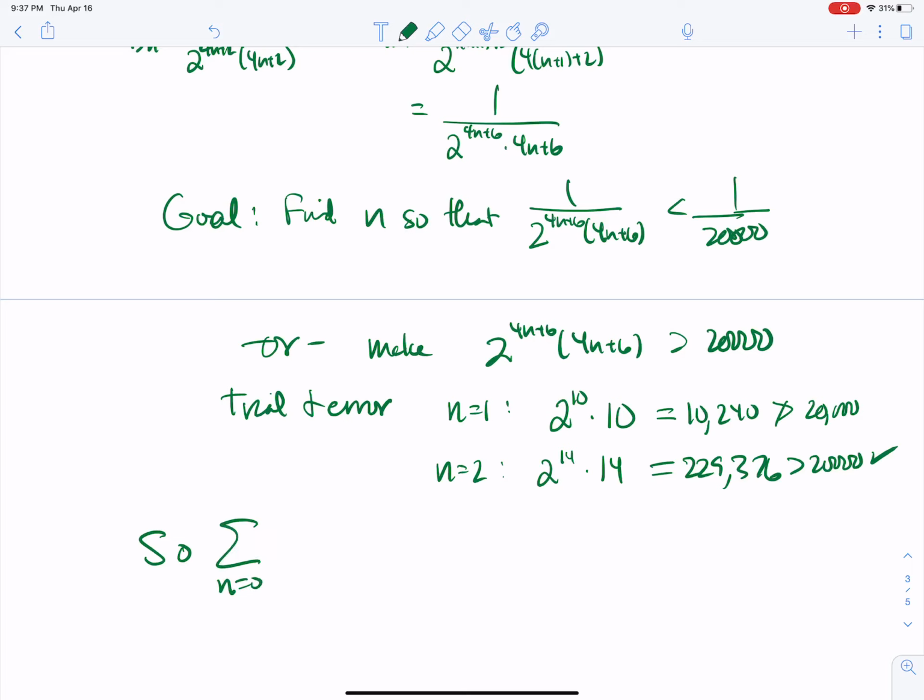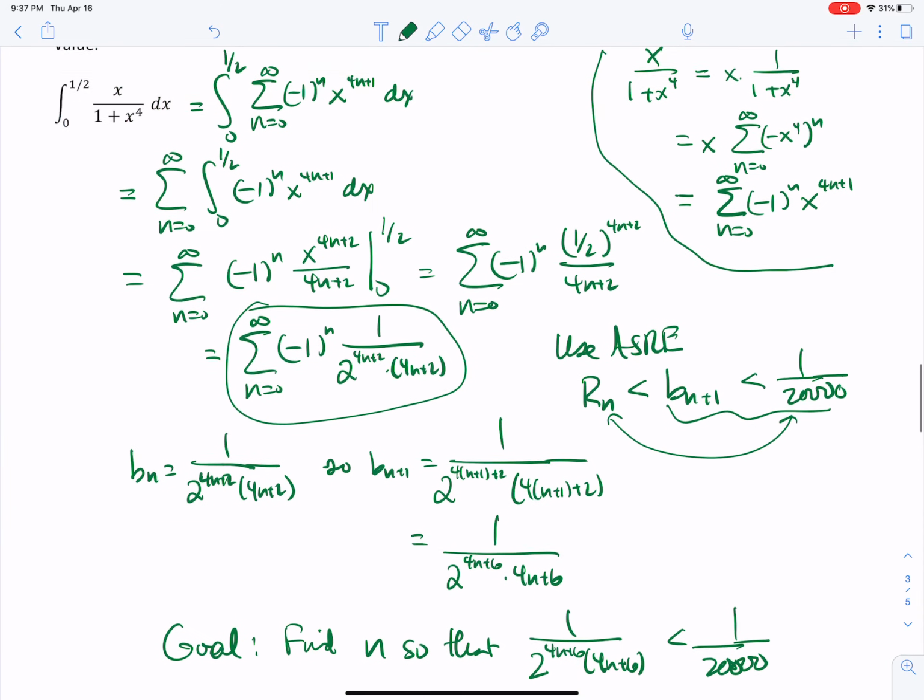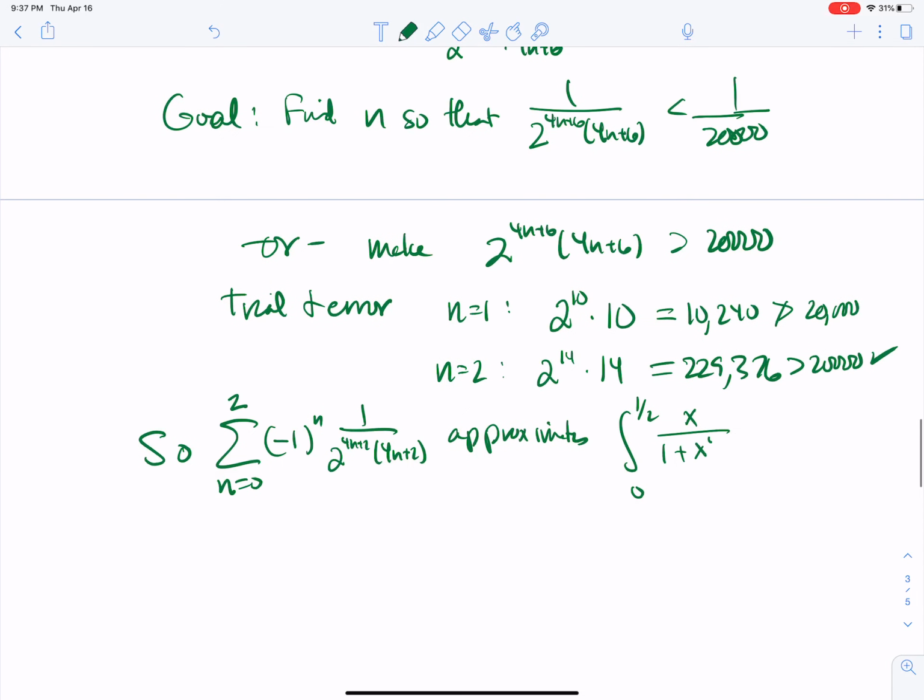So summation n from 0 to 2 of (-1)^n times 1 over 2 to the 4n plus 2 times 4n plus 2 approximates the integral from 0 to 1/2 of x over 1 plus x to the 4th dx to within 1/20,000th.